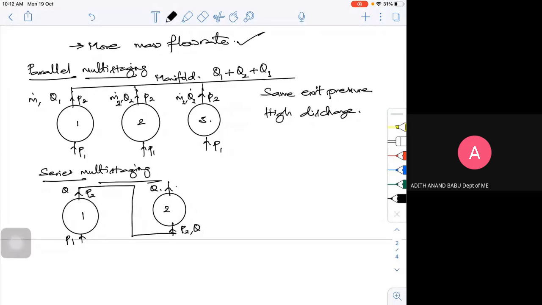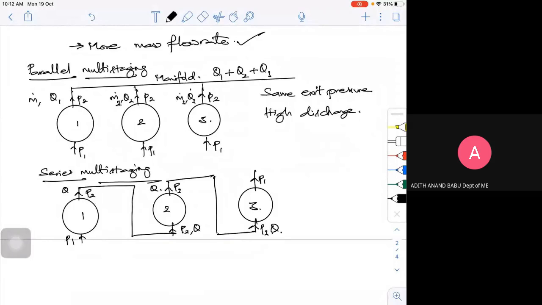But here I am getting a higher pressure. Then from here I will go to the next machine. So this is my third compressor. What is the output here? The pressure input is P3 and discharge is Q. What is the output here?